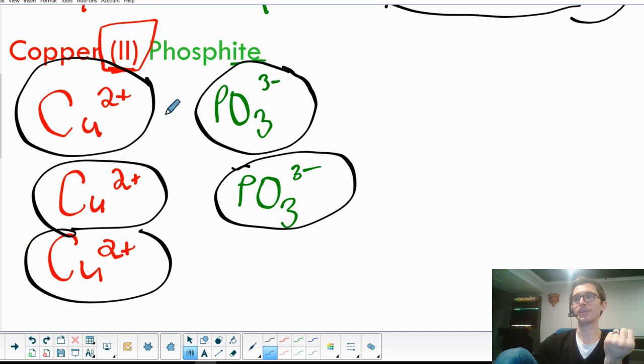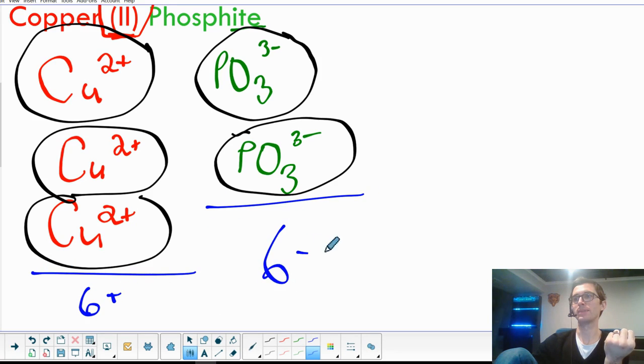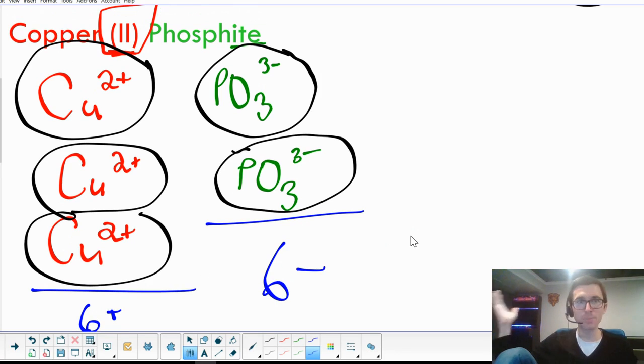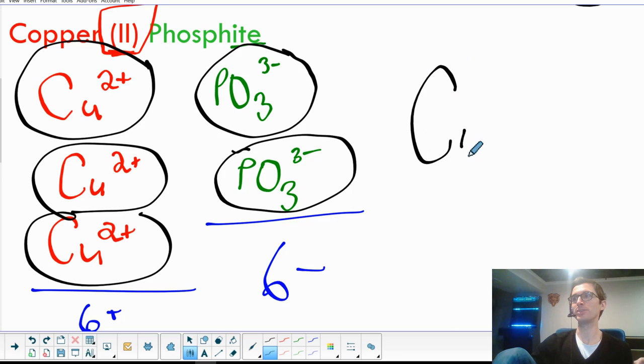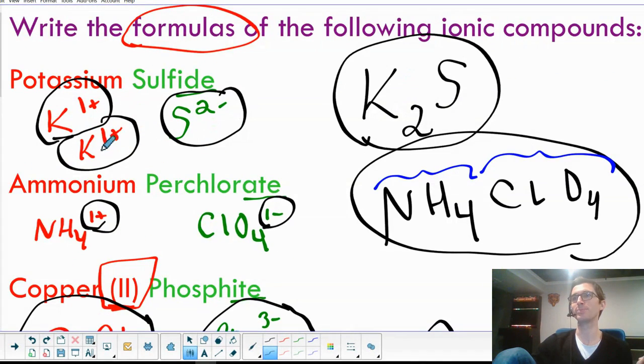Look at the charges. 6 positives and 6 minuses. That's perfect. So when you write the formula, you need to show how many of each ion you have. So I'm going to start with the cation. I'm going to do Cu. I have 3 of them. So Cu3, just like up here, you did K2S, 2 potassiums.